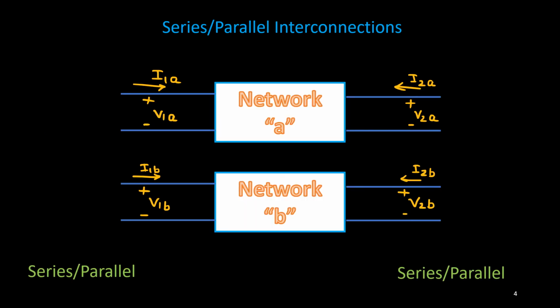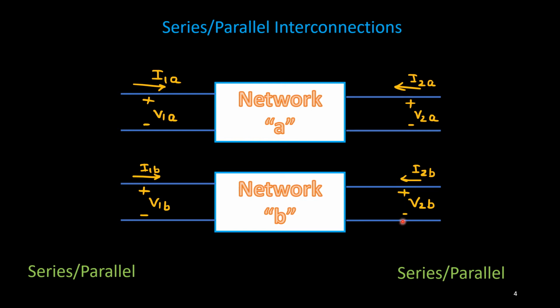I have two networks, one is A, the other one is B. In network A, this is the input port, voltage is V1A, current is I1A, and the output port has V2A and I2A. Similarly for network B. On the input side, I can have a series or parallel connection.